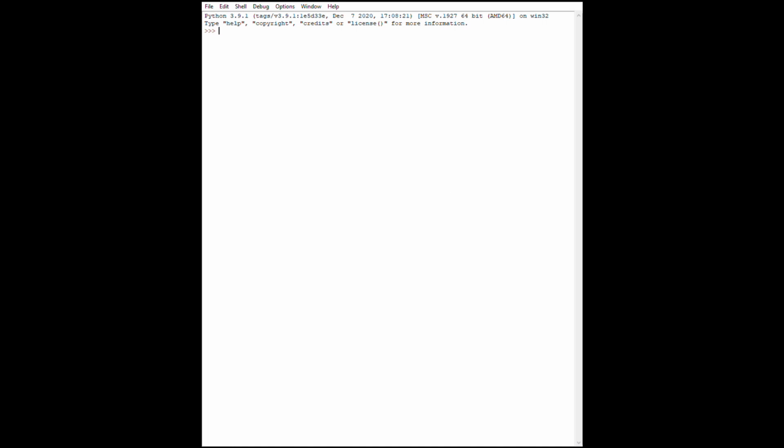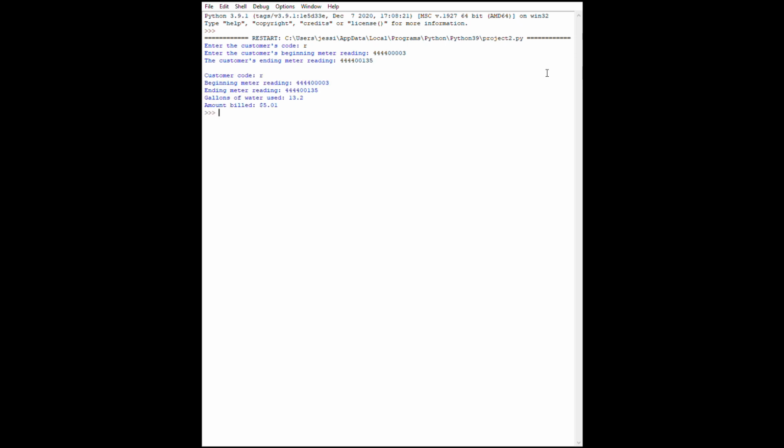Alright, here's the demo portion. I'm going to use the same examples on the prompt. So entering the user's code, if we put R and that, and then it's going to print out what we expect, and this is the same as the examples on the prompt for this project.